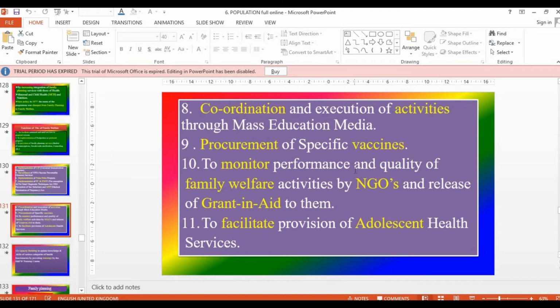Grant aid means, for example, one hospital did a particular family planning surgical procedure or distributed family planning material, for example condoms. This is reported to the government, and the government provides aid to that particular NGO. So nowadays every private hospital provides free family planning services to every woman, every family.